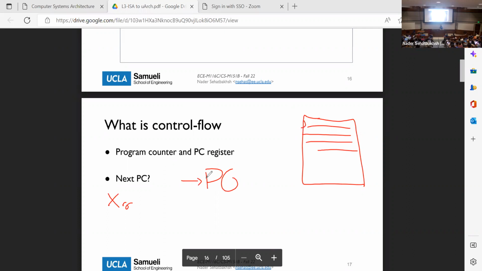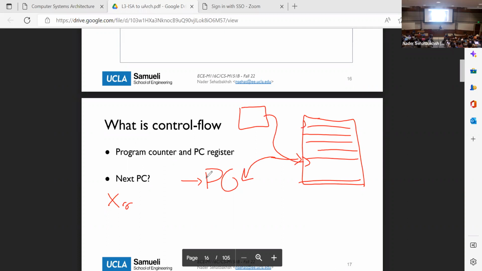And this PC will be initialized by the system software, by the operating system, when we want to run a program. The operating system is going to say, I'm going to take this program that you have written and put it in this part of the memory. The beginning address of this would be initialized to PC.